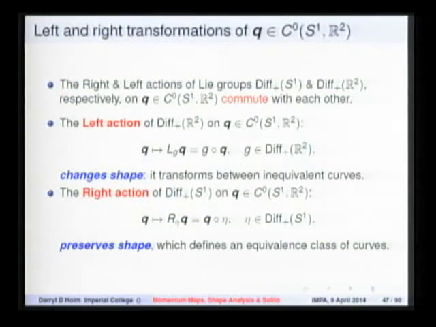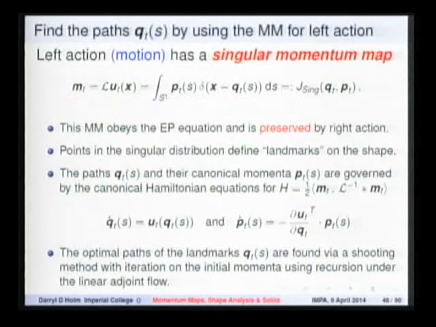Okay, so we need to look at the left and right transformations of our space. They commute with each other, like I said. The left action corresponds to G composed with Q, and that's moving the shape. The right action corresponds to relabeling Q, so it doesn't move the shape. That's what gives us our separation of these approaches.